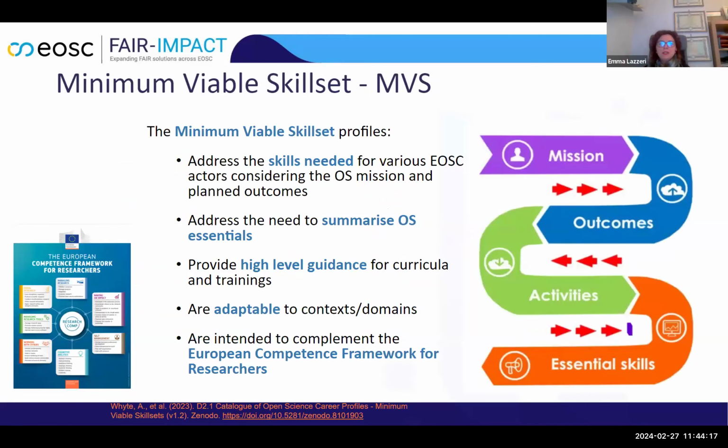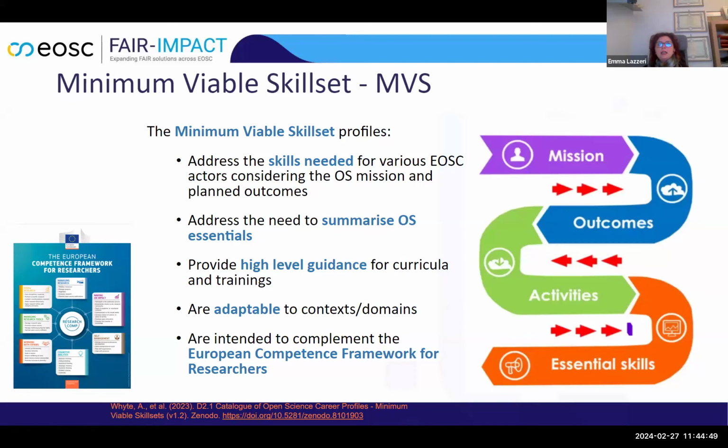The minimum viable skill set, as I said, is aligned and complements the competence framework for researchers that has been published by the European Commission. And it is a set of skills that are needed for various EOSC actors, considering their open science mission and the planned outcomes that these roles need to deliver.